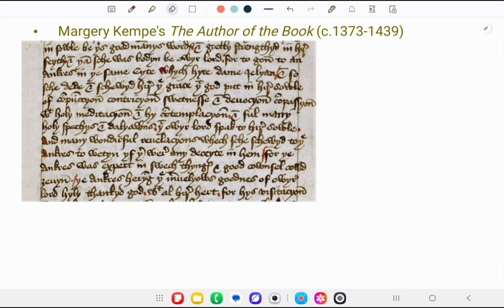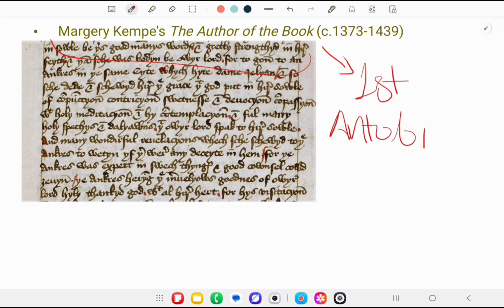And next one is Margery Kempe. The Book of Margery Kempe is considered to be the first autobiography written in English.